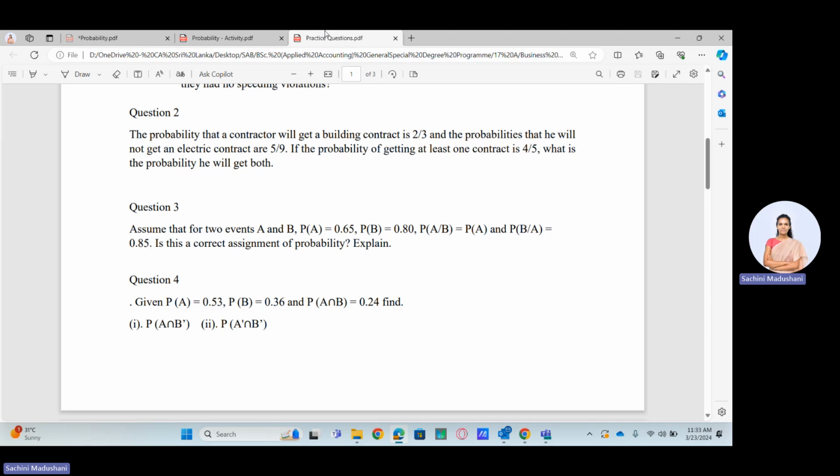That is the answer, 0.29. And the second one asks A dash intersection B dash.